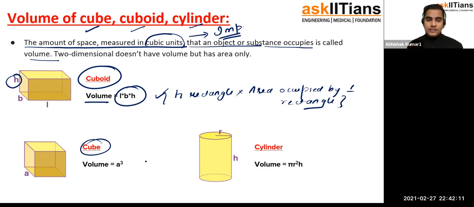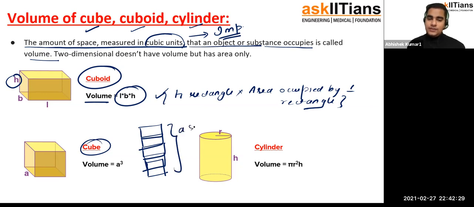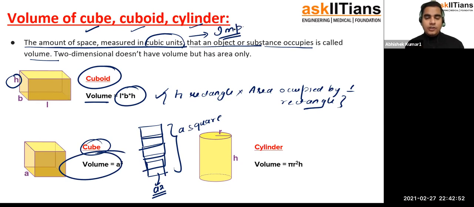We are taking one square, and putting one more square over it, then one more, then one more, and so on. So here we have a total number of a squares put together one over another, and the area of one square is a square. So the space occupied by a squares will be a multiplied by a square. And that's exactly how we got the formula for the volume of cube.